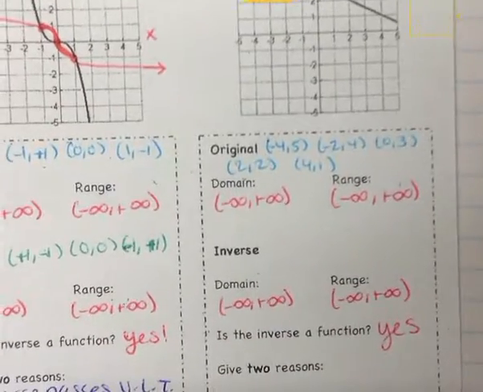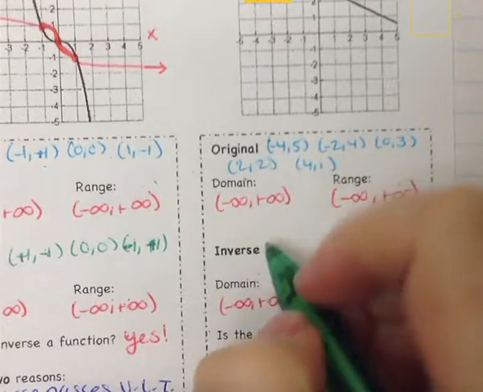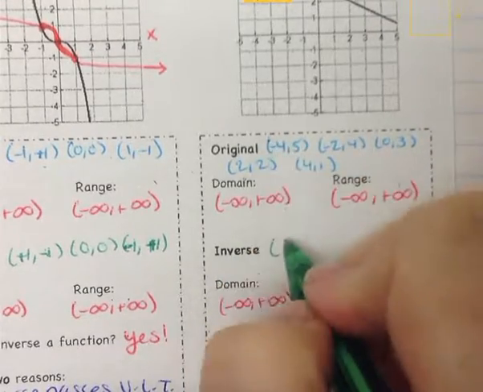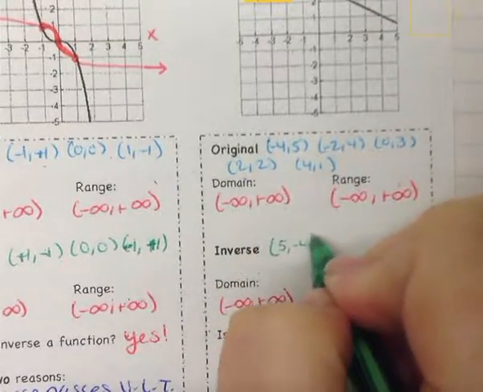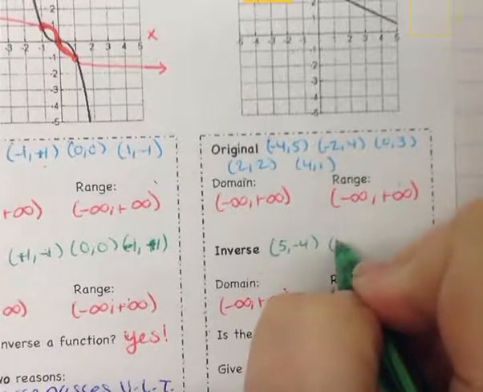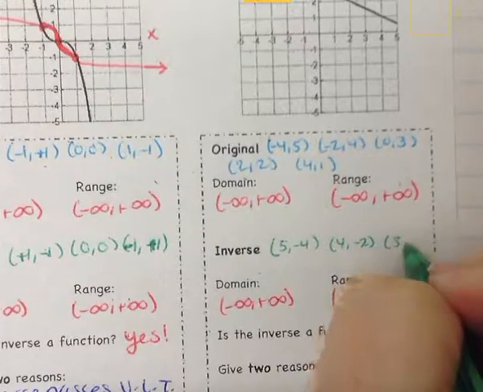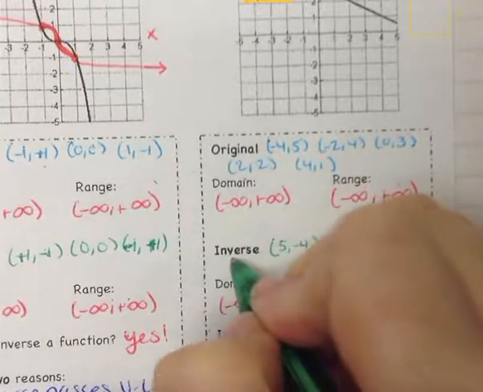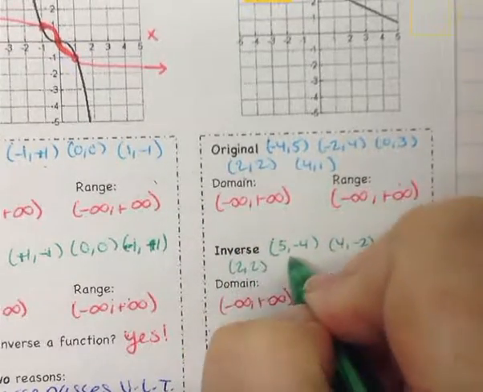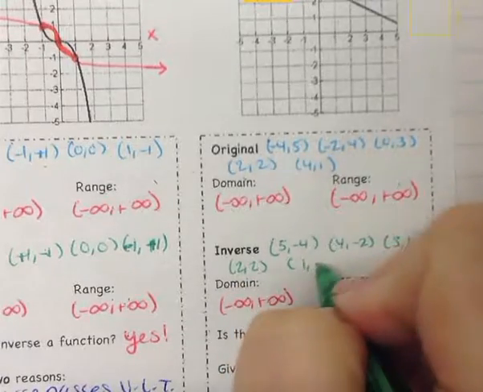For the inverse coordinates, we will have 5, negative 4, 4, negative 2, 3, 0, 2, 2, and then 1, 4.